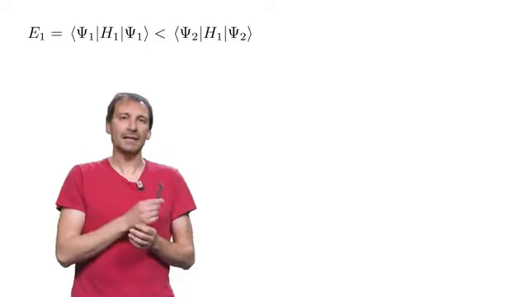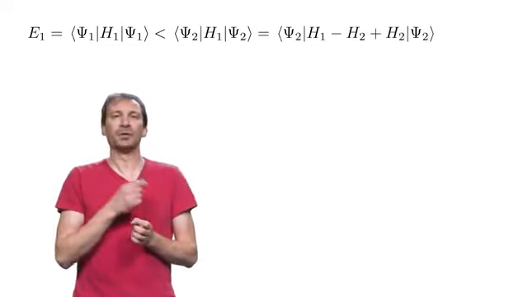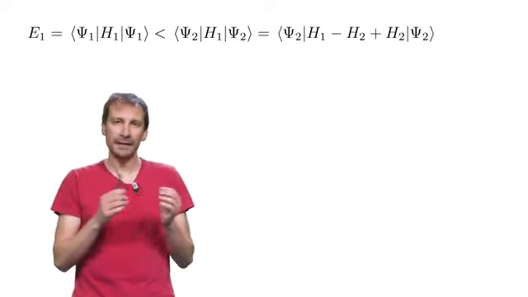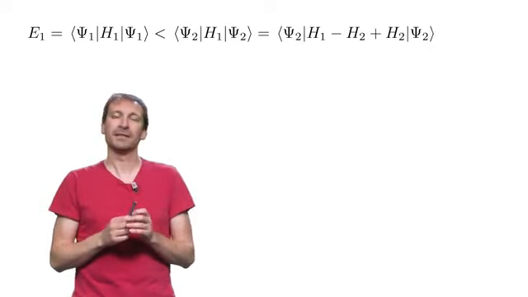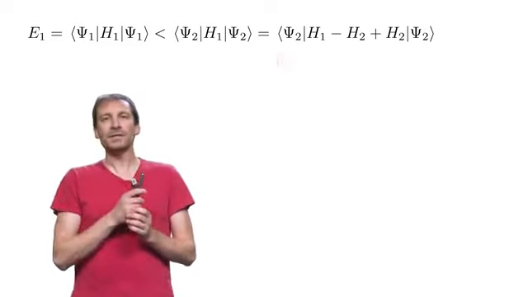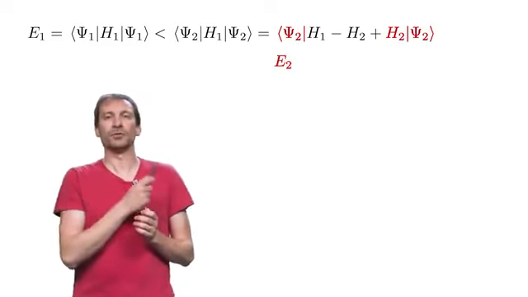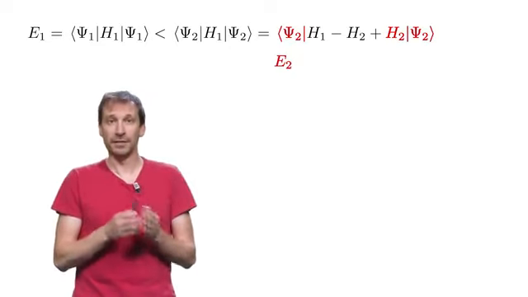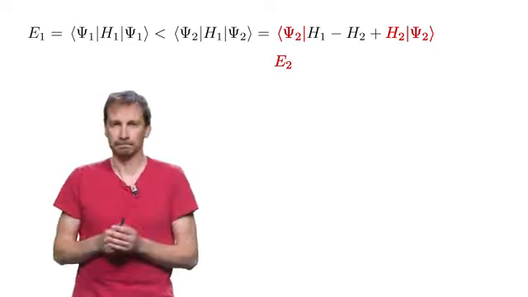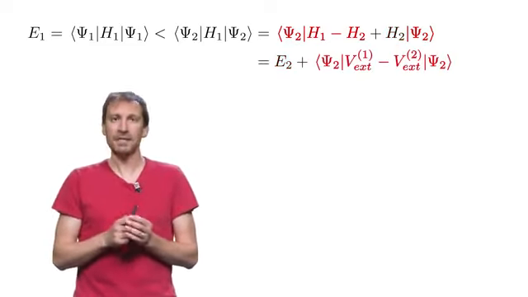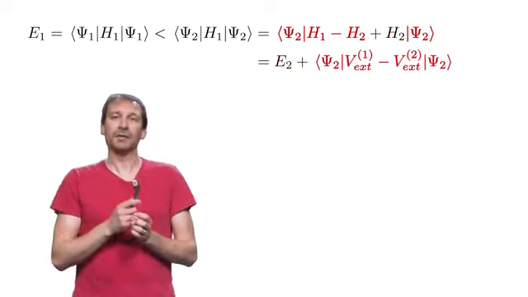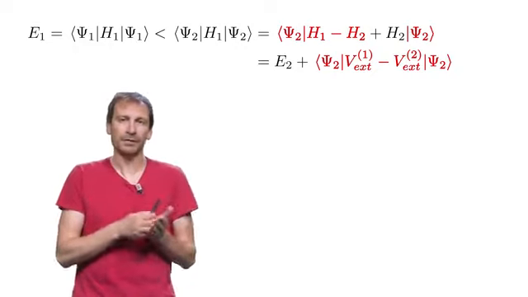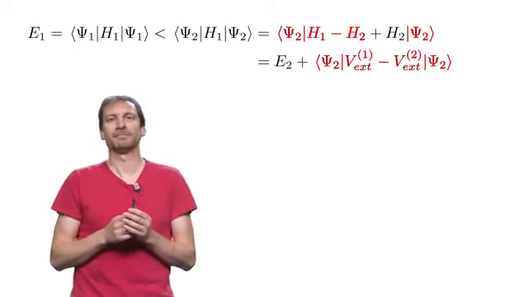I can now add and subtract the Hamiltonian H2 in my expectation value in such a way as to split my total energy estimate in two pieces. First, I evaluate the expectation value of H2. Since I'm taking the expectation value with psi 2, this is, by definition, the total energy of system 2. And now, second piece, I take the expectation value of the difference between the two Hamiltonians. And the difference between the Hamiltonians is only the difference between the external potentials.